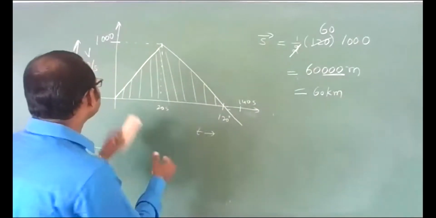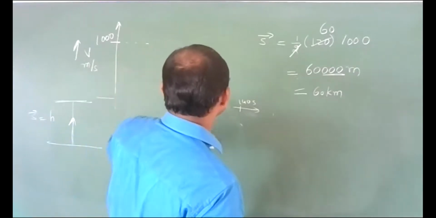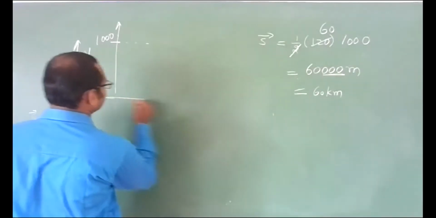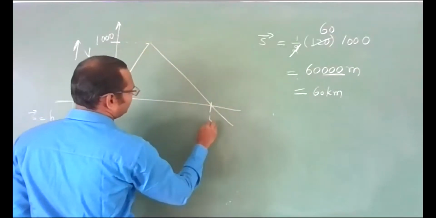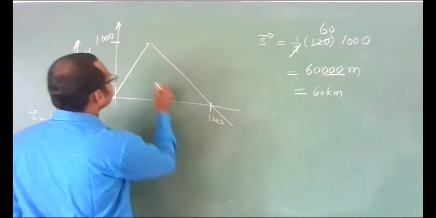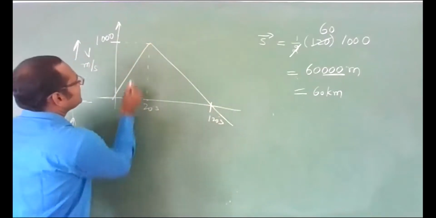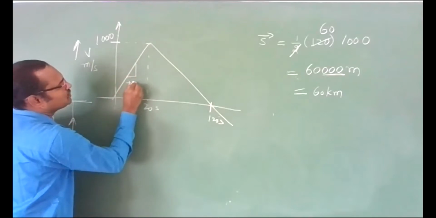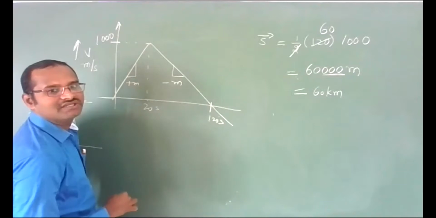If you observe this graph carefully, this is 120 seconds, and here exactly 20 seconds. This is acceleration, a positive slope. This is a negative slope, this is retardation.